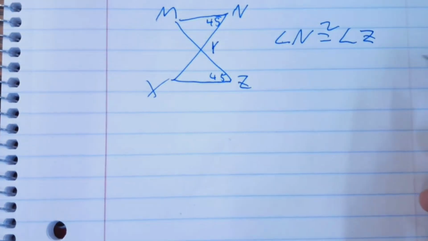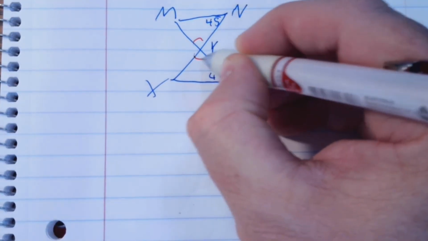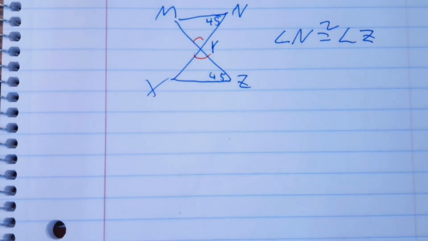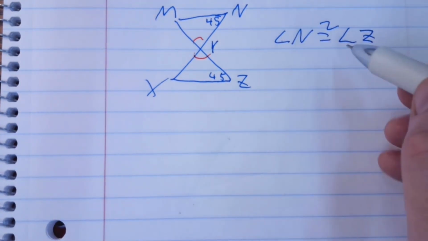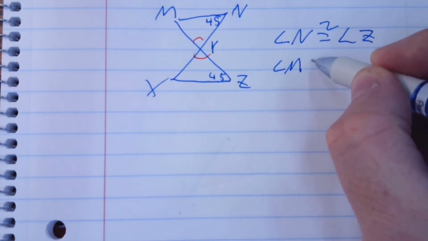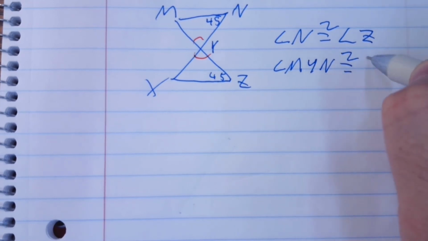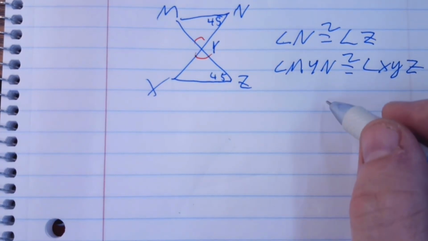I'll write that down. Are these angles equal? It's still that vertical angle junk, right? It never ever goes away. So then I could say angle MYN is congruent to angle what? XYZ. Perfect. Okay, so that's all I need, right?